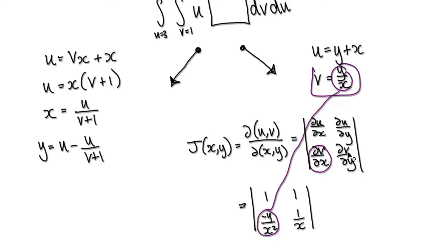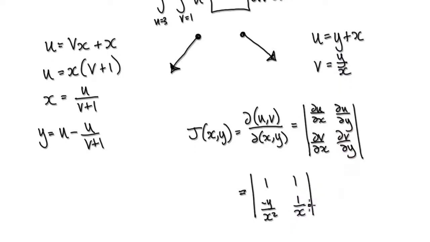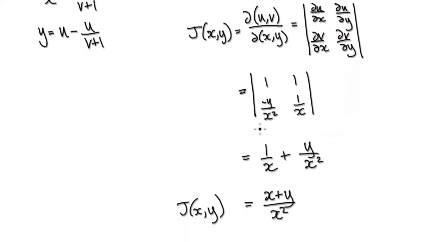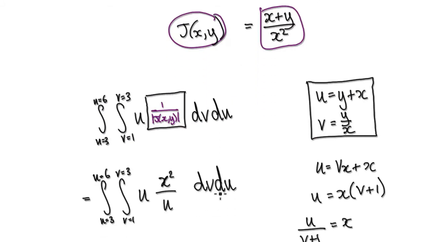And then differentiate v with respect to y. That's simply 1 over x. So the determinant would be this times this, take away this times this. Merge the two fractions together, and that will give us this. So the Jacobian is this thing here, but we will need to put 1 over the Jacobian.